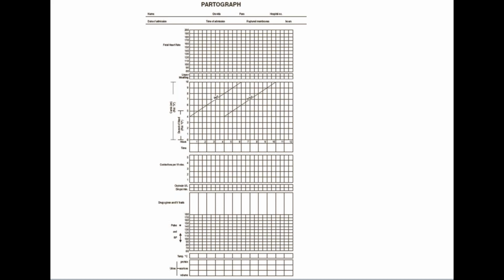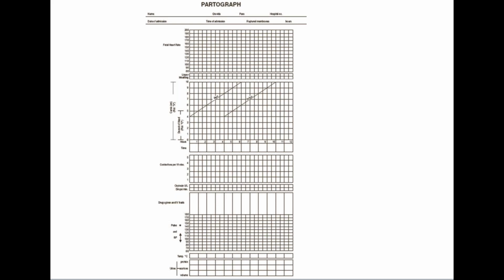Then I'm running it at, for example, 1.2 ml, and I have to write that rate in the lower square. So in the upper square, I need to write how many units. In the lower square, I need to write the rate of syntocinon running.